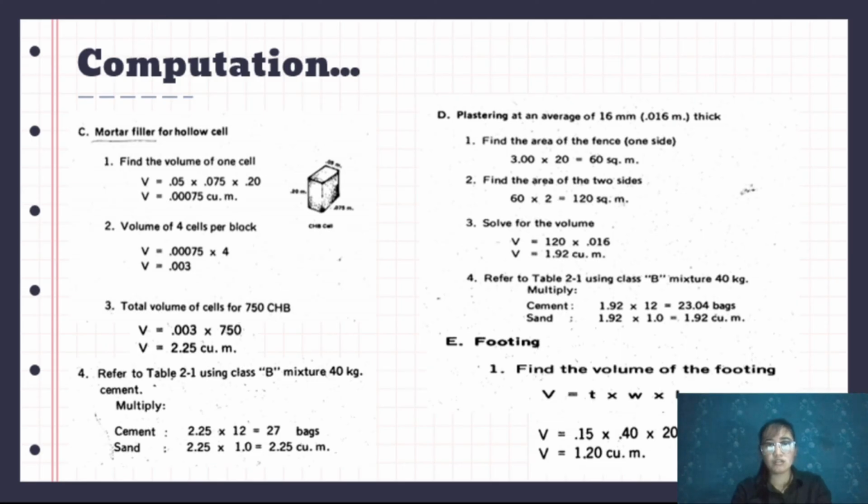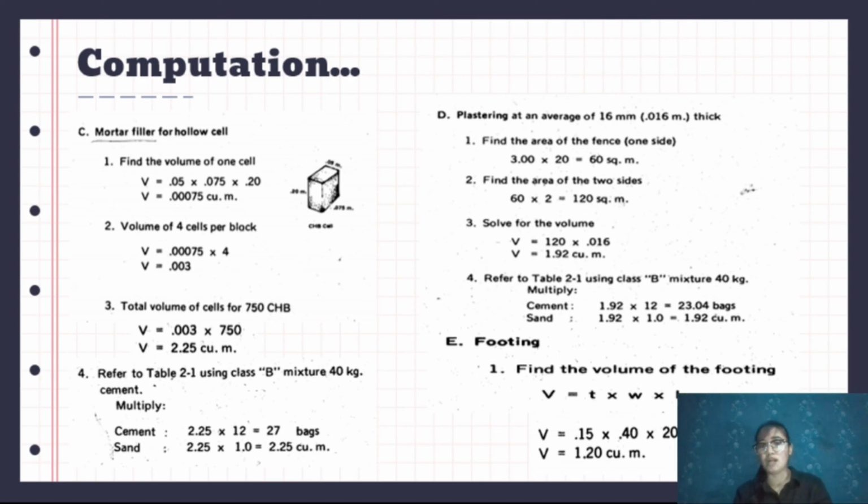Next is mortar filler for hollow cells. It is given here the dimension of the cell for the CHB, which is 0.05, 0.075, and 0.20. Calculate its volume. Since the CHB has 4 hollow cells, multiply the volume by 4, and we get the volume of 4 cells per block.